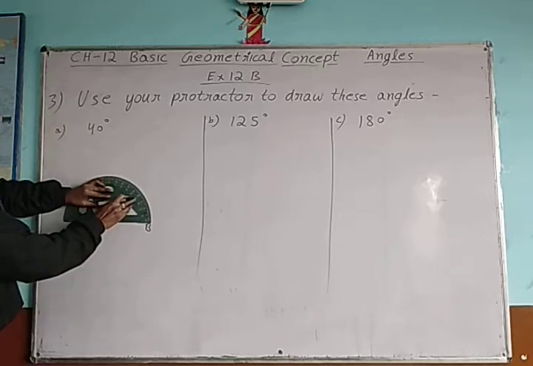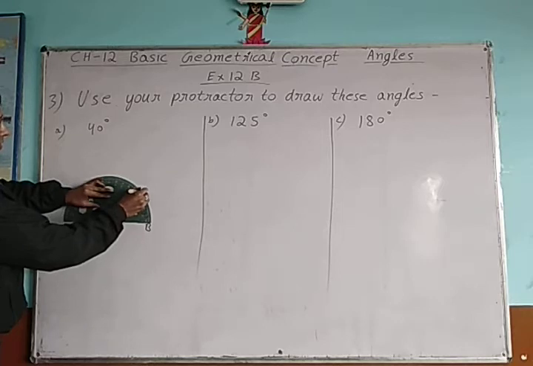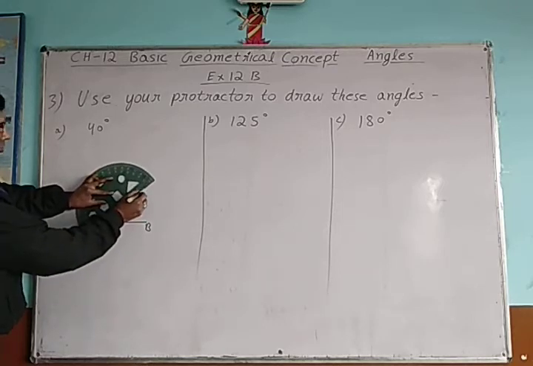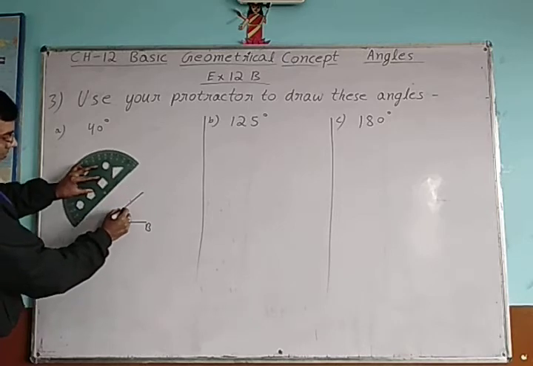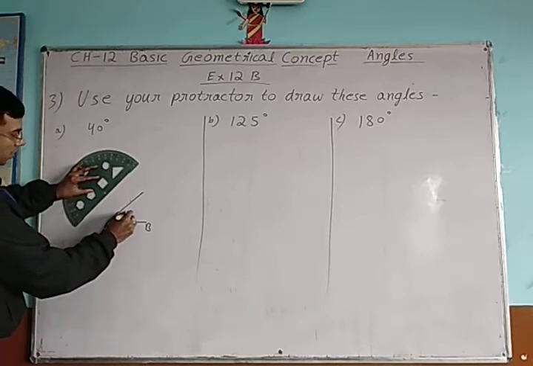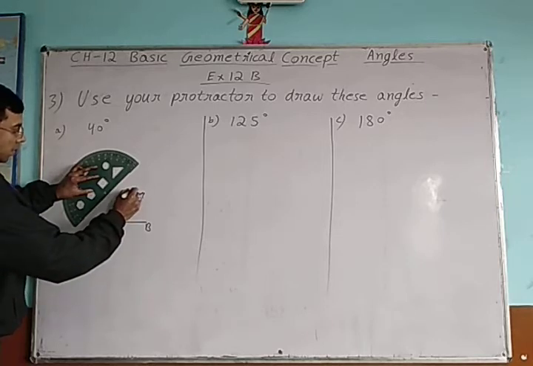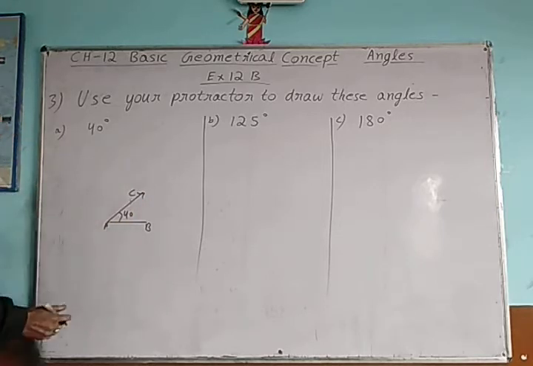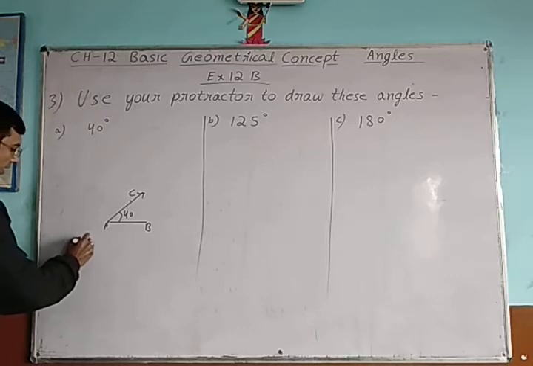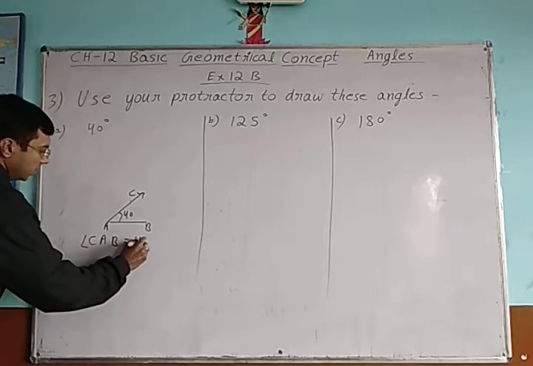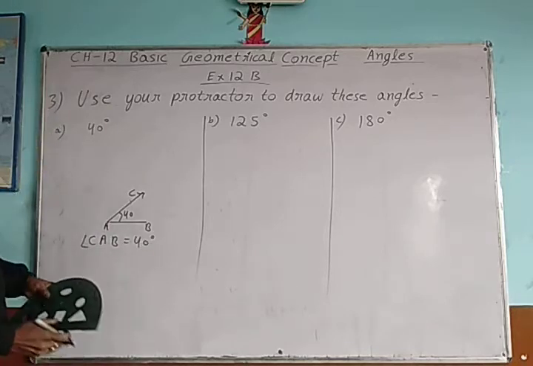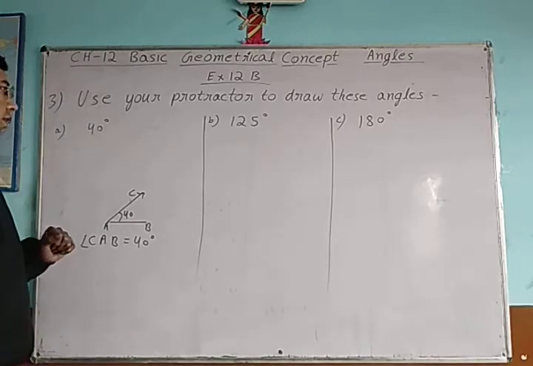See, student, this is 40 degree. Clear? Mark point. Clear? Now join it. So it is 40 degree. Name it C. So angle CAB is 40 degree. So angle 40 degree is constructed.